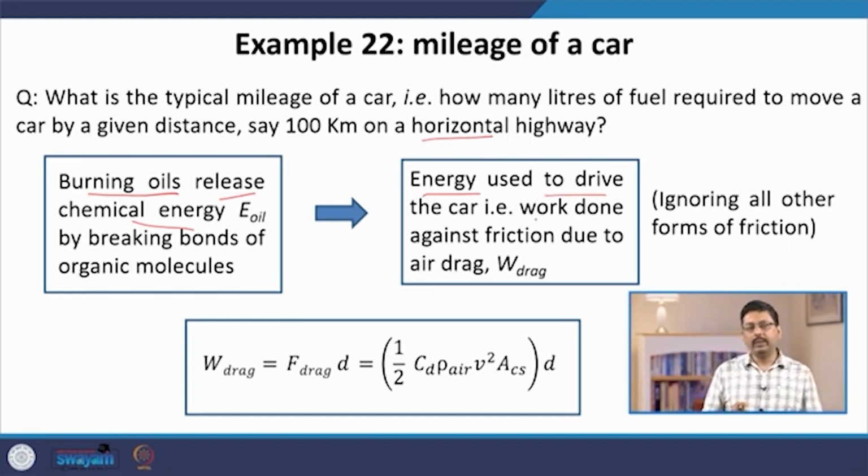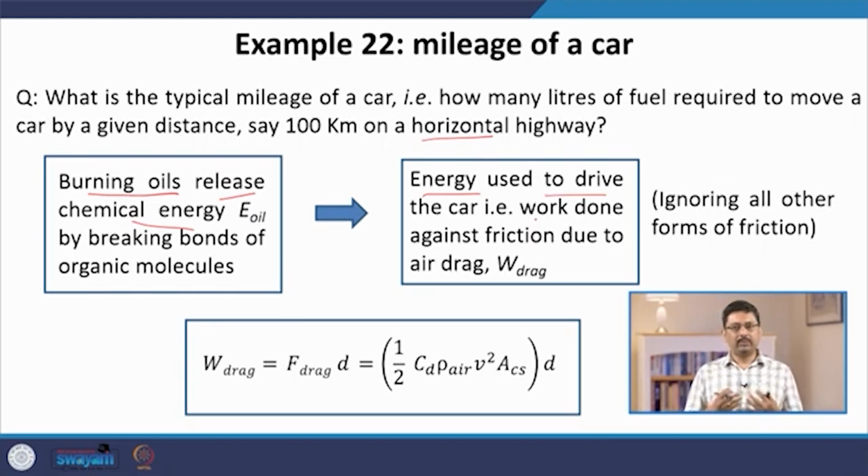Now, there are many sources of friction when you are driving a car. The principal source of friction is the drag due to the air. Remember, last week we discussed friction, and there we took the drag as an example. There are also other sources of friction, such as the friction between the tire and the road, or between different moving parts inside the car.